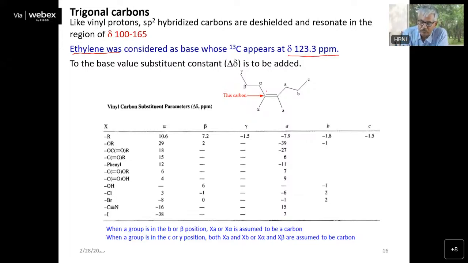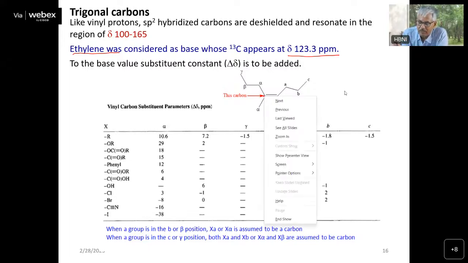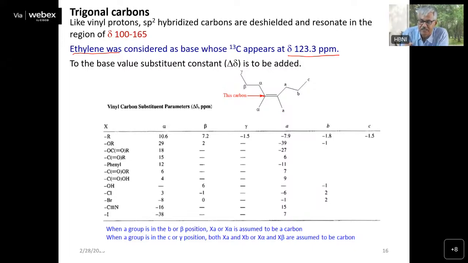Now if you consider this carbon, you will have 2 alpha substituents and 2 A substituents. Similarly, if the chain increases, you will have beta, gamma on this side. One side we call alpha, beta, gamma, and this side, if it is attached to the next double bonded carbon, we call them A, B, C. And accordingly, the substituent parameters are shown here.